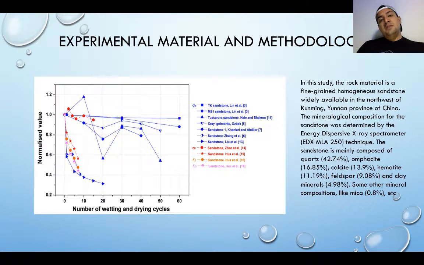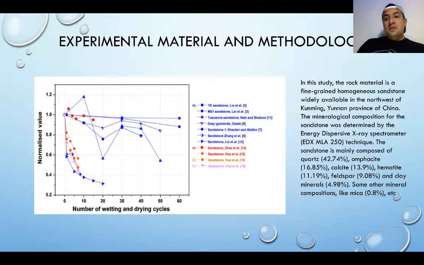Talking about the experimental material and methodology, in this study, the rock material is a fine-grained homogeneous sandstone widely available in the northwest of Kunming, a province of China. The mineralogical composition of the sandstone was determined by energy dispersive X-ray spectrometer.